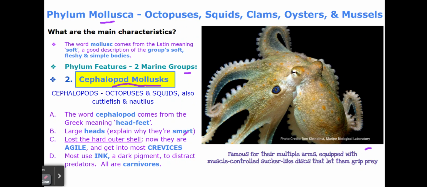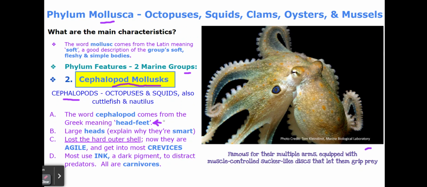That word cephalopod, why are they named that? Well, it comes from the Greek, and it means head feet. They really have very little body. They're basically a very large head, and then many modified feet.